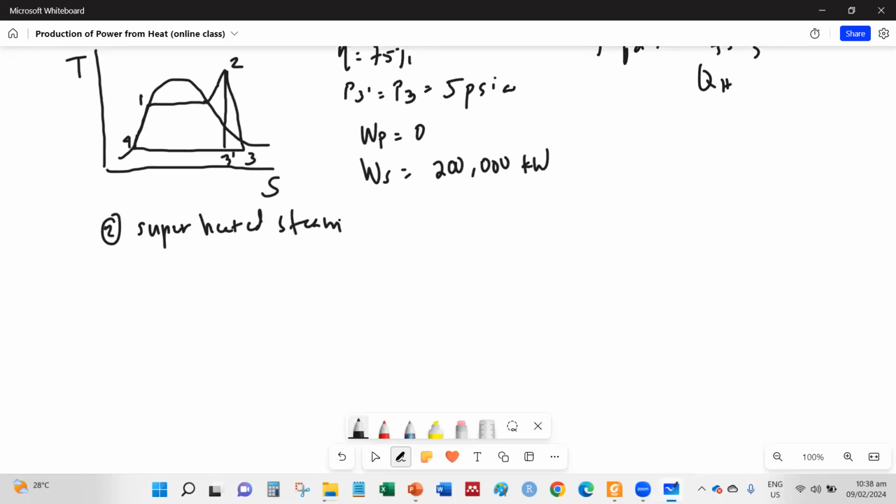steam, di ba, at point 2, where P2 equals 500 psia and T2 is equal to 1000 degrees Fahrenheit, right?